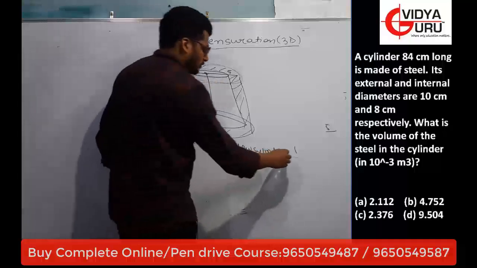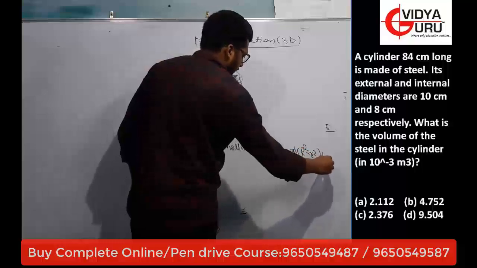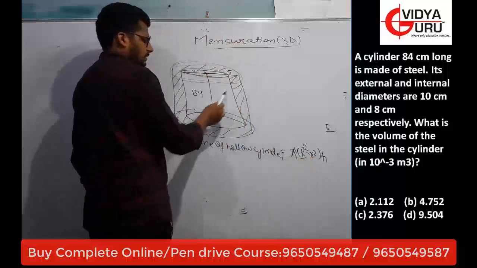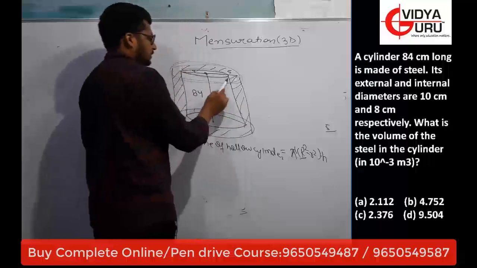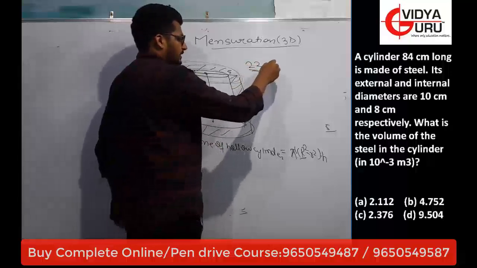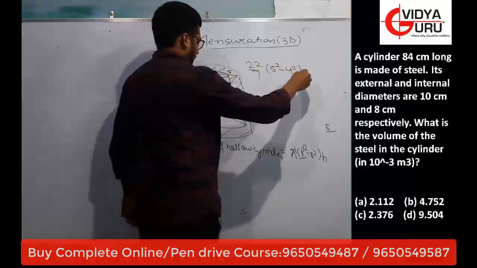So the volume of a hollow cylinder is pi into R square minus r square into h, where R is the radius of the outer cylinder and small r is the radius of the inner cylinder. If I put the values: 22 by 7, 5 square minus 4 square, and the height.